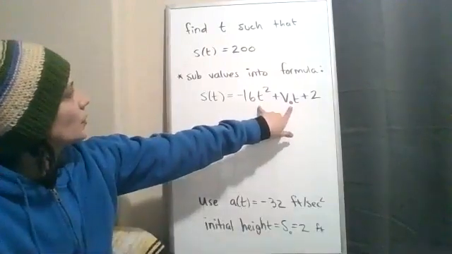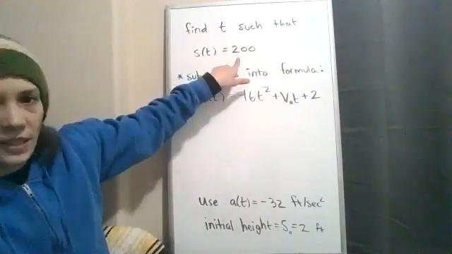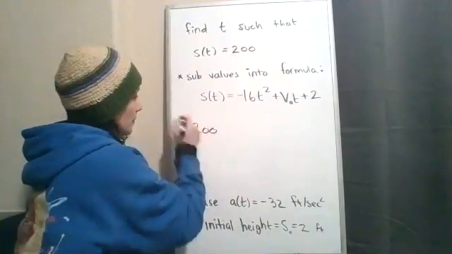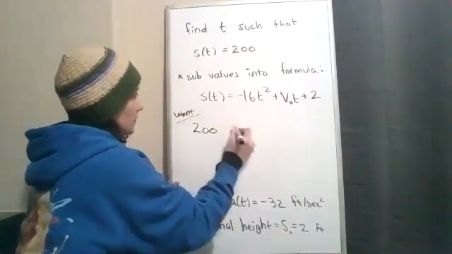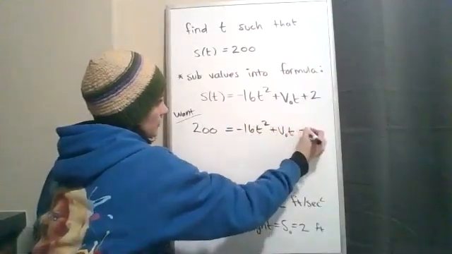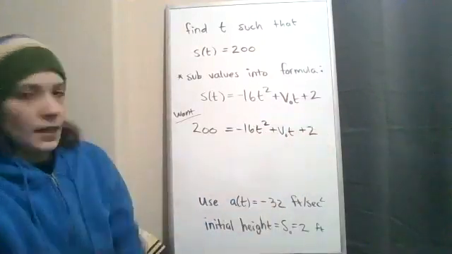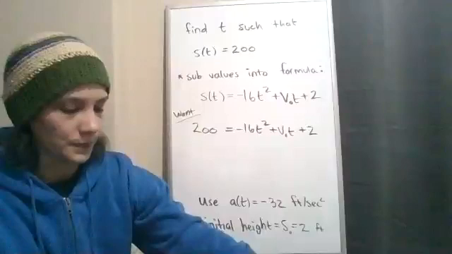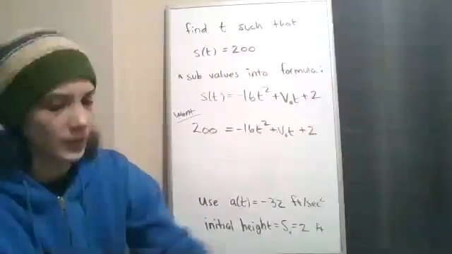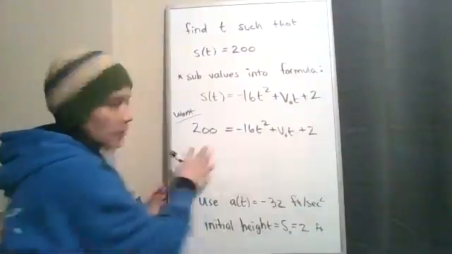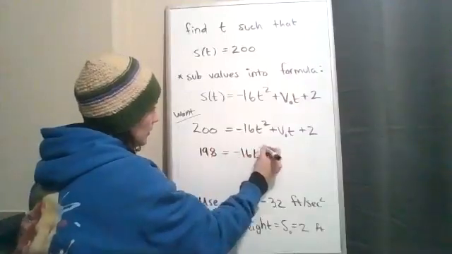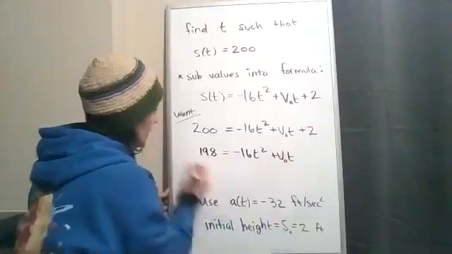We also want to know t, and S of t equals 200, so we can put in 200 right here. Okay, I just put a little bit of work and then a note. So let's work this out just a bit. Subtract 2 from both sides. And then I put a star here.